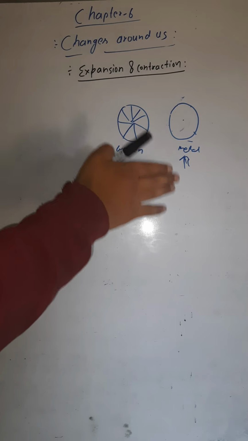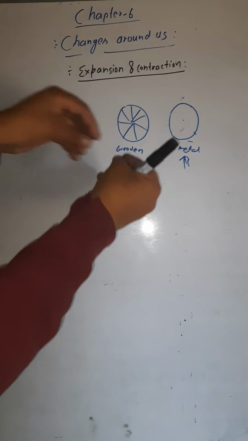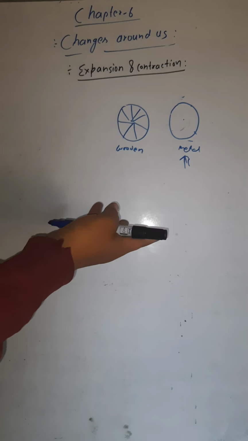Are you getting this? First you have to heat it. While you are heating it, the metal wheel will expand, and then it can be fit over the wooden wheel. Now after cooling down, this metal will start contracting.